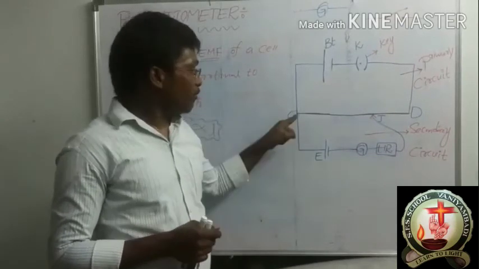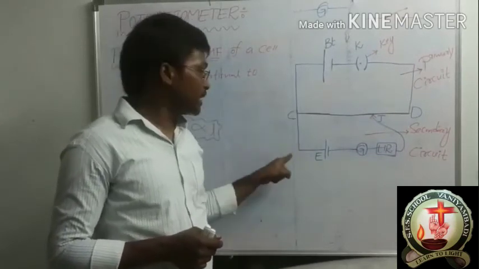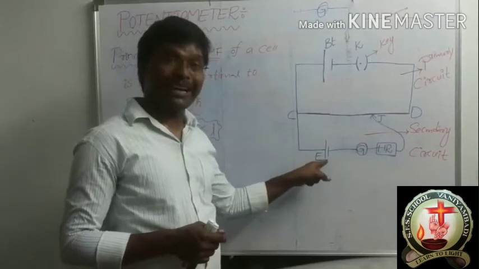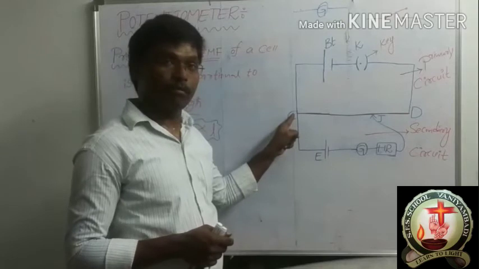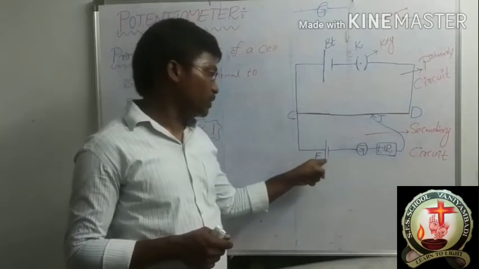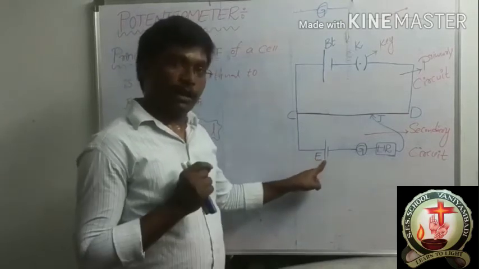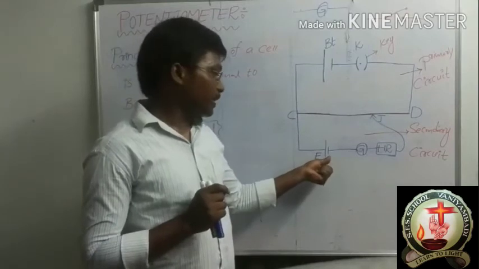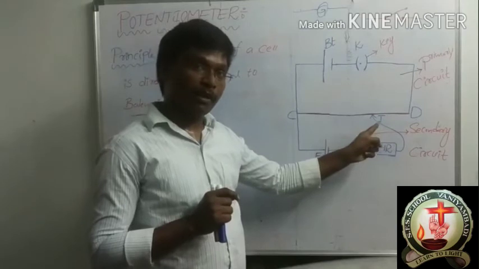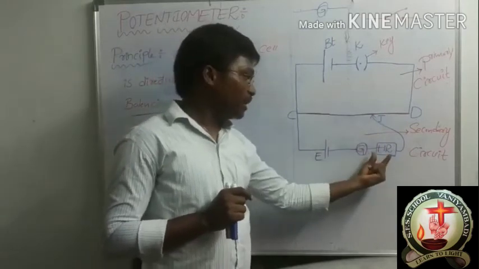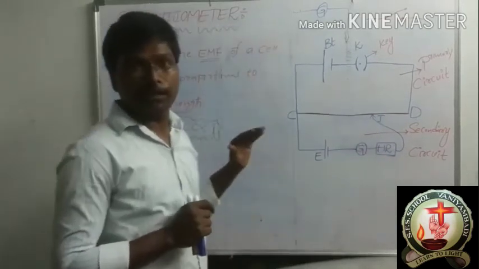And one end of the potentiometer wire is connected to the positive terminal of the electric cell, and the negative terminal of the electric cell is connected to the jockey through this galvanometer and a high resistance box. This is the construction.